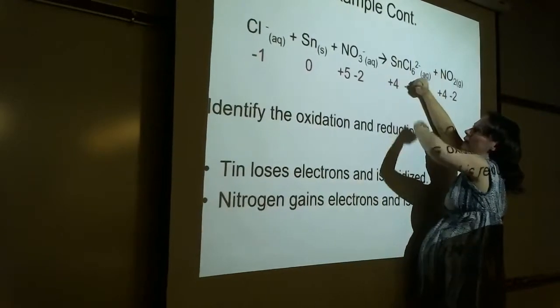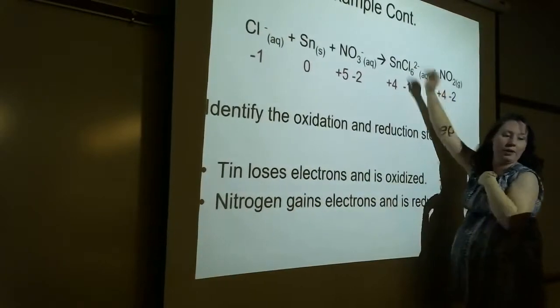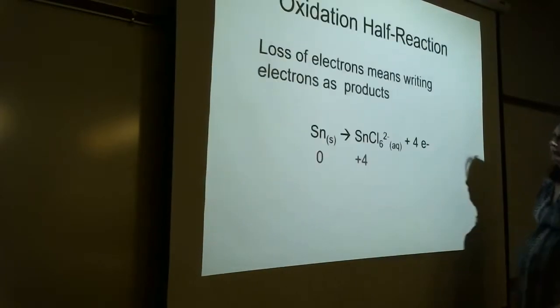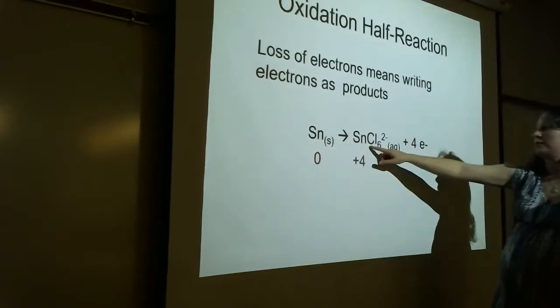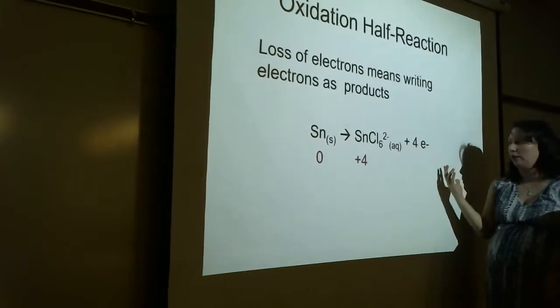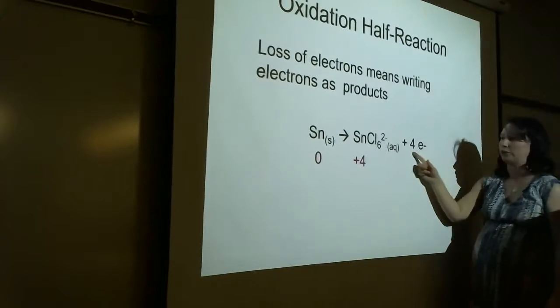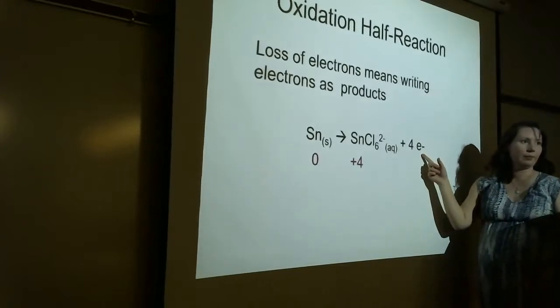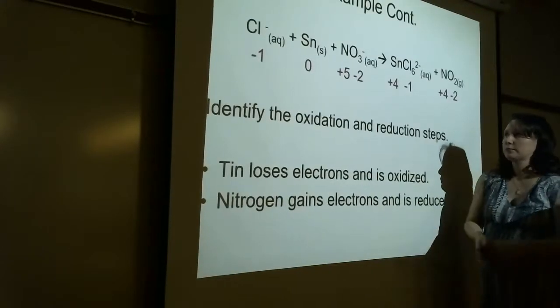I can't do that, right? Tin is a part of this complex ion. So when I write my half reaction, I've got to write it as tin going to this complex ion. And then how many electrons got lost? It went from 0 to +4, so that's why there's 4 electrons written here. Okay? Now, go back and look at the problem.